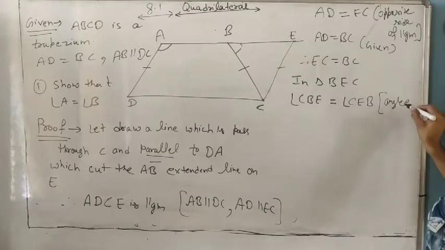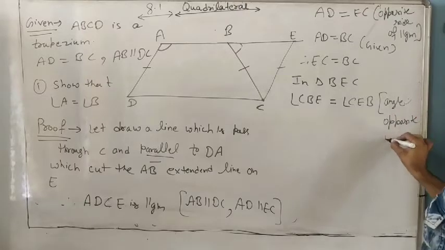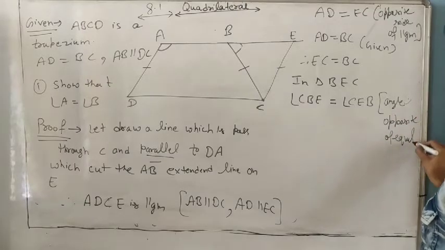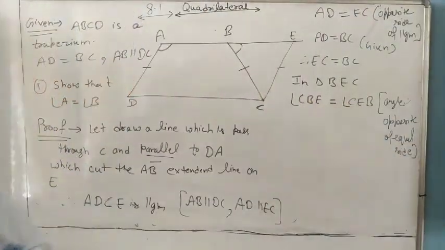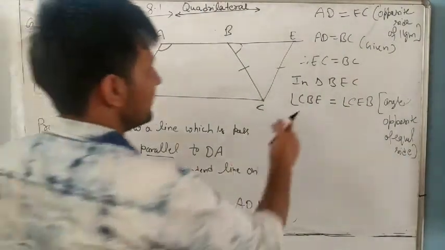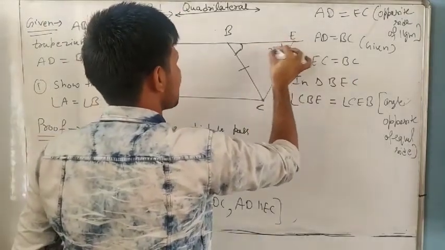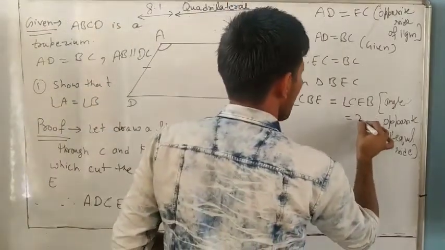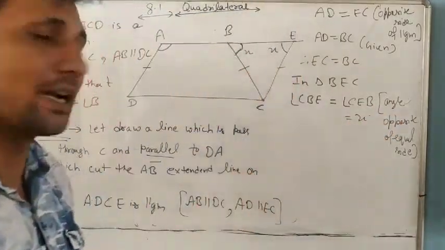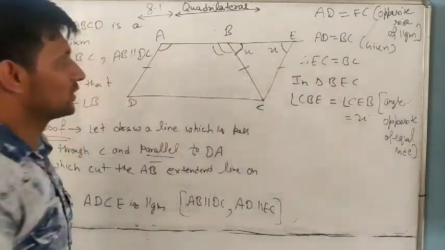Angles opposite to equal sides. So we will write these reasons. So this angle and this angle are equal. Suppose X and X. You can take these as X degrees. Understand? Now you can say that this angle and this angle are equal.